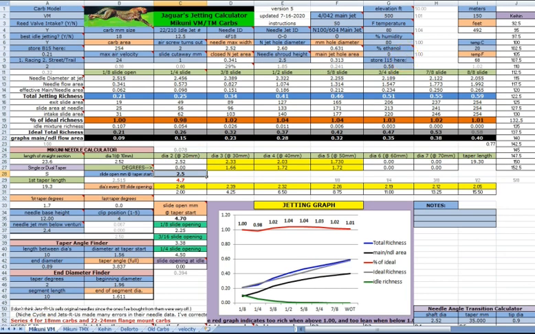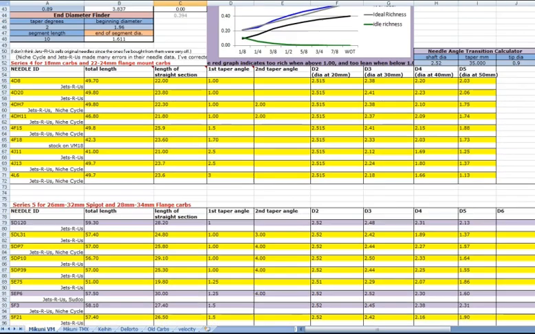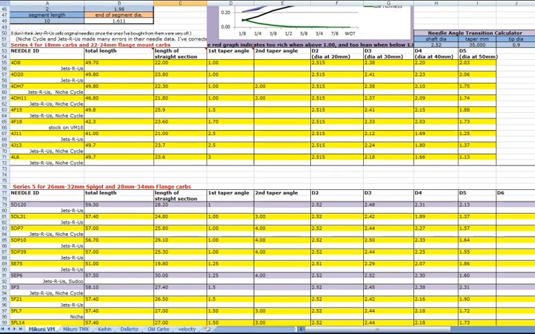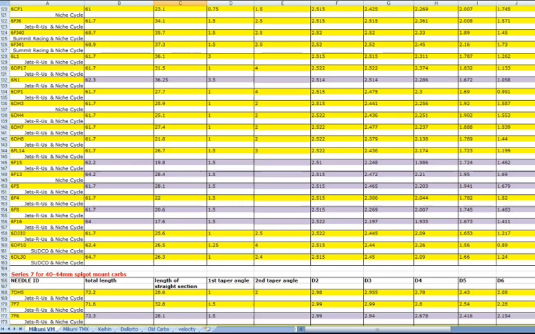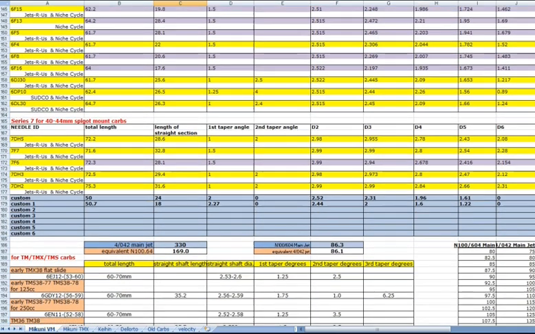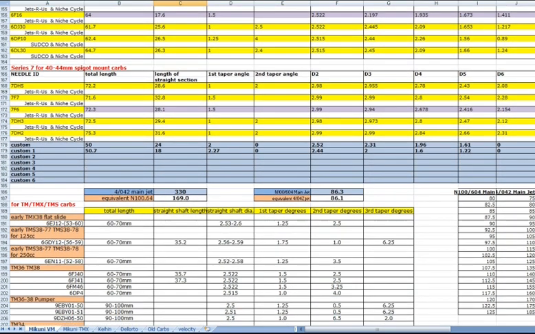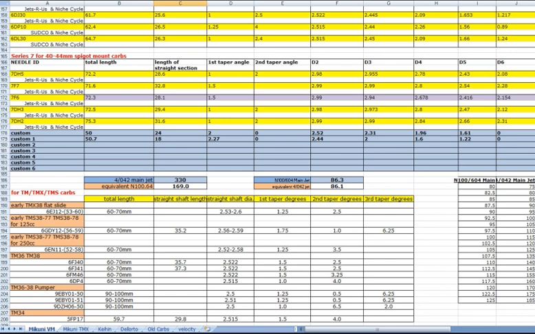Below the graph on the Mikuni TM VM page is the data for all the needles. And if you modify any of those needles, or you find another needle you want to use, you can just measure. D2 is 20 millimeters from the top, D3 is 30 millimeters, D4 is 40 millimeters. At those marks, you would just measure the width of the needle with your digital calipers.